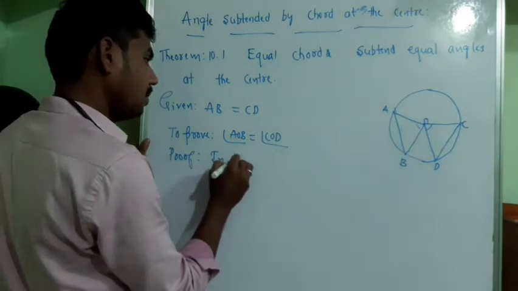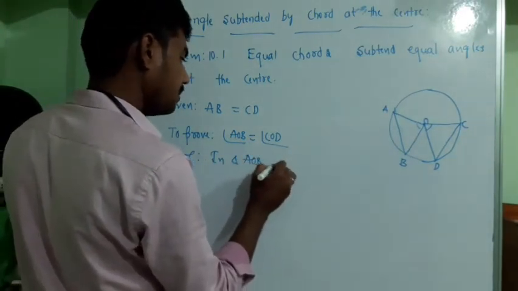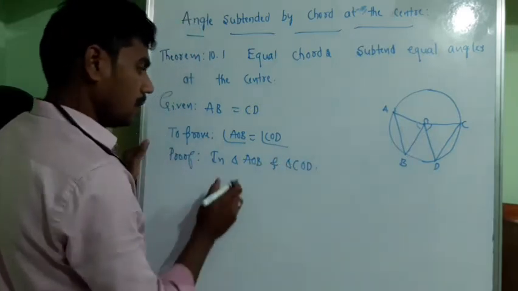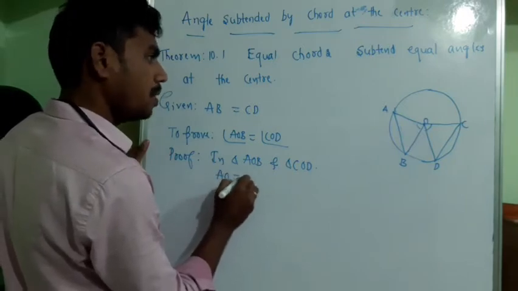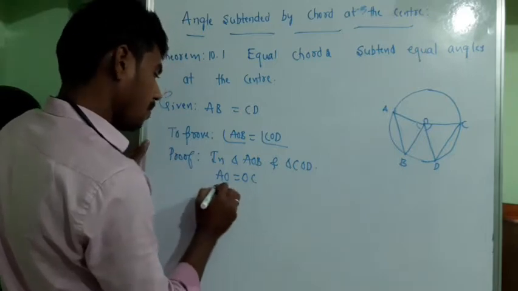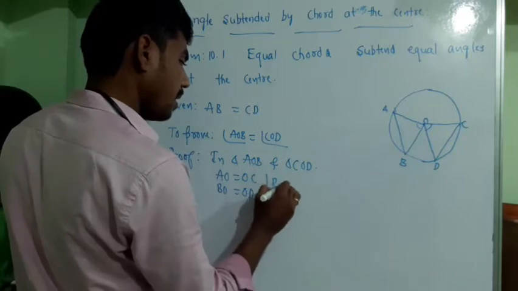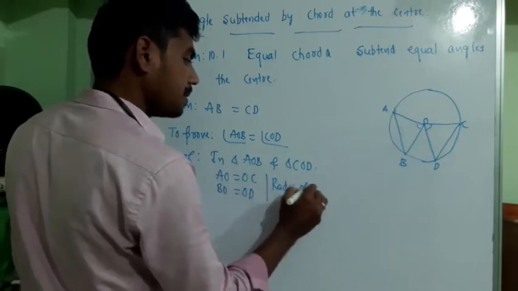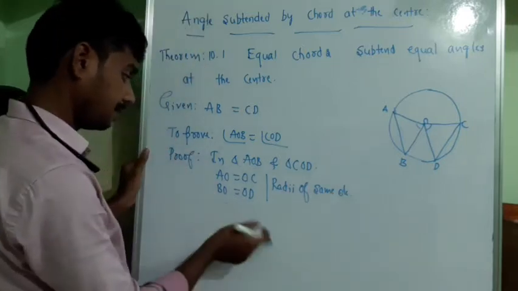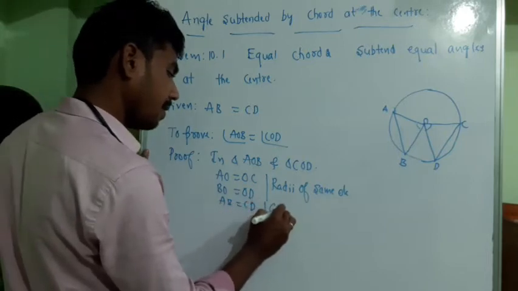In triangle AOB and triangle COD, AO is equal to OC, BO is equal to OD. Why? Radii of the same circle. Next, AB is equal to CD, it is given.